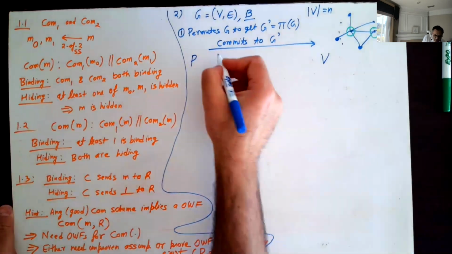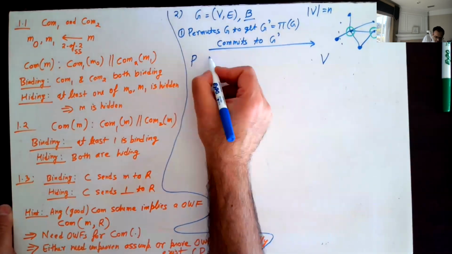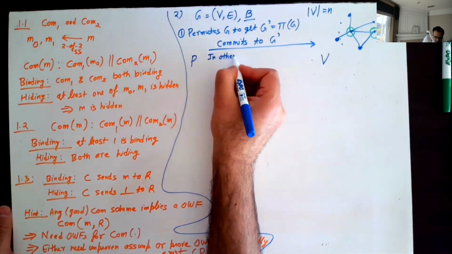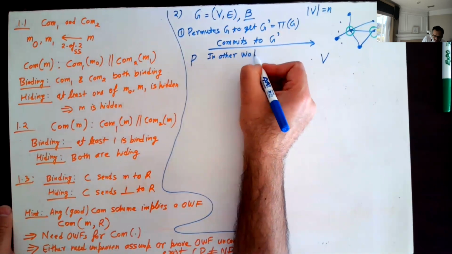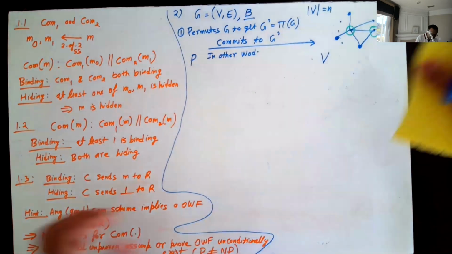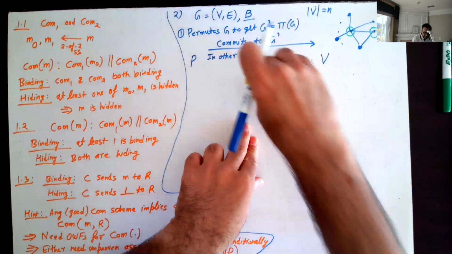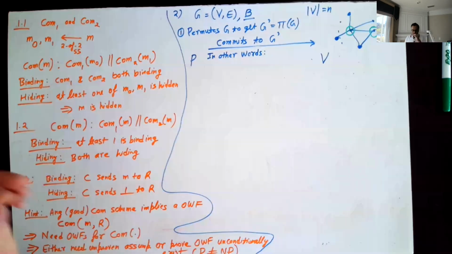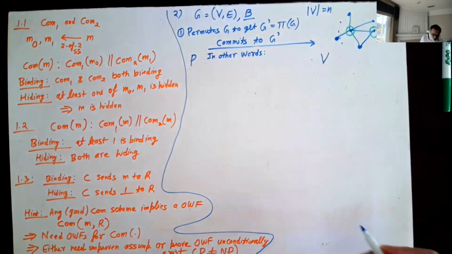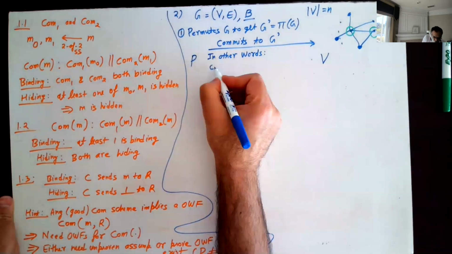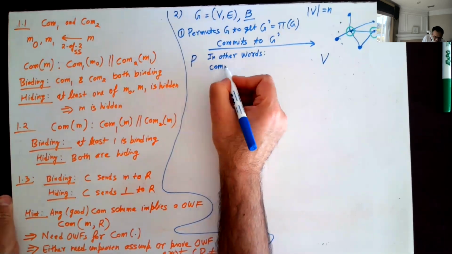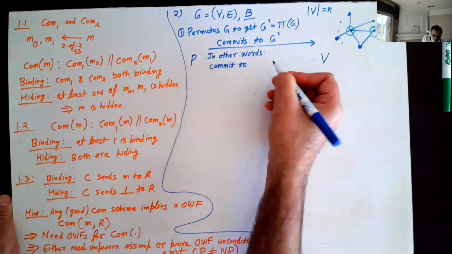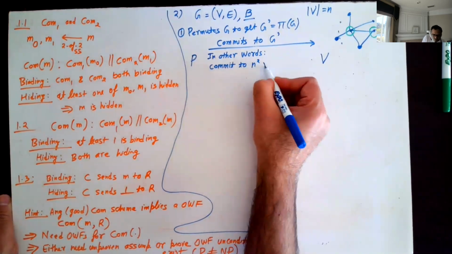So commit to G prime means, in other words, commit to n square values.